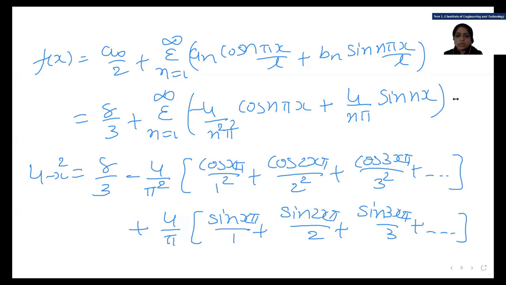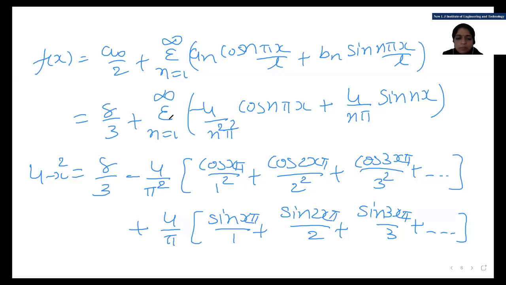Okay, I explain again. Students, I explain this step again. See, this one is clear, right? This is the value of, by putting the value of A0, 16 by 3, our answer is 8 by 3. By putting the value of an, this one, and by putting the value of bn, this one. Now here 8 by 3.